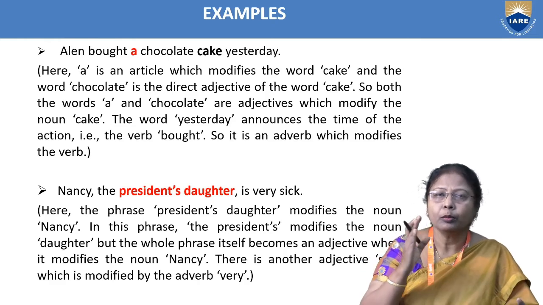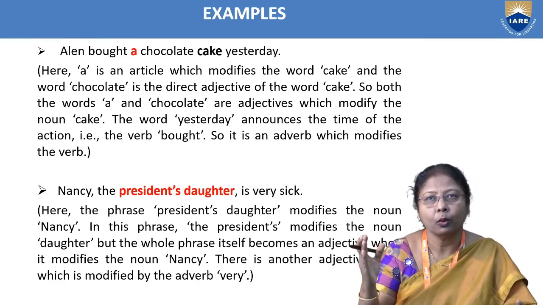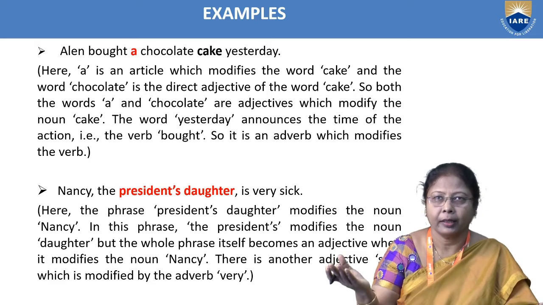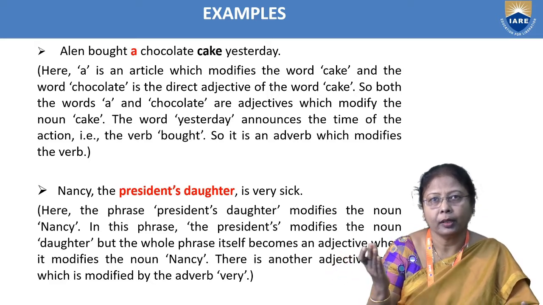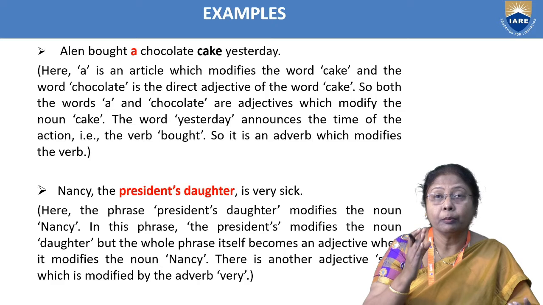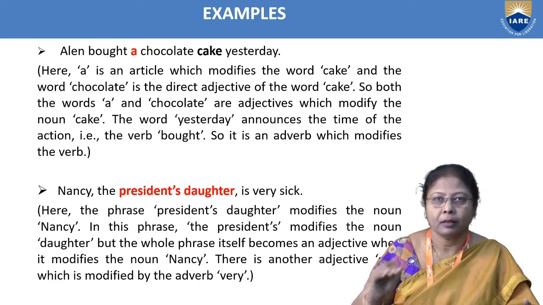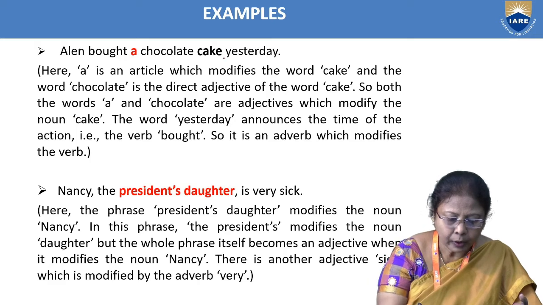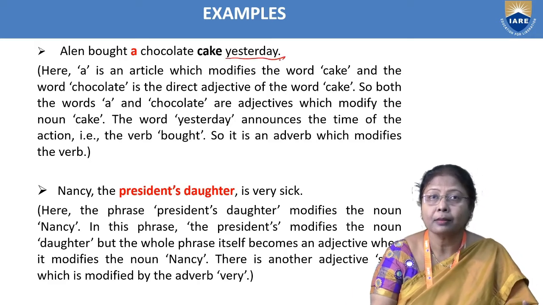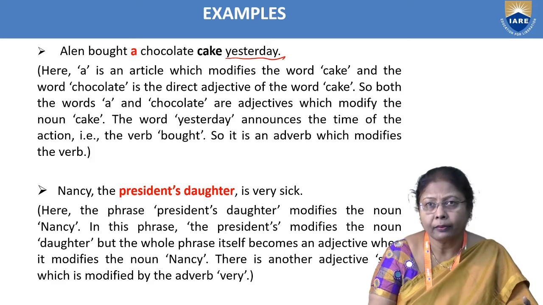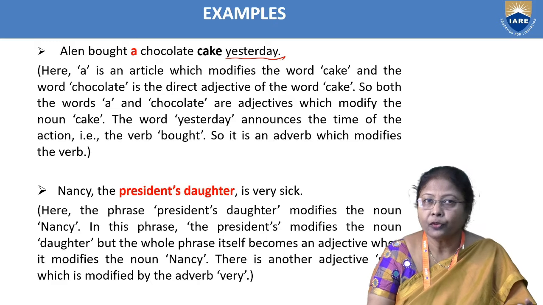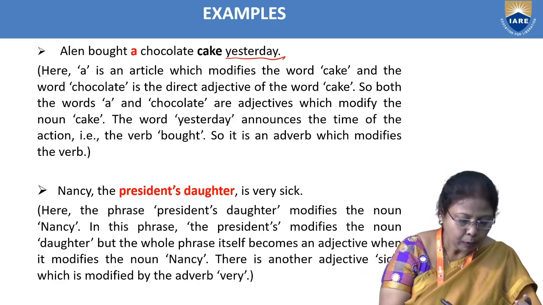It means Alan bought yesterday. What did he buy? A chocolate cake. So here, yesterday modifies the verb bought. Yesterday acts as an adverb in this sentence, an adverb which modifies the verb bought.